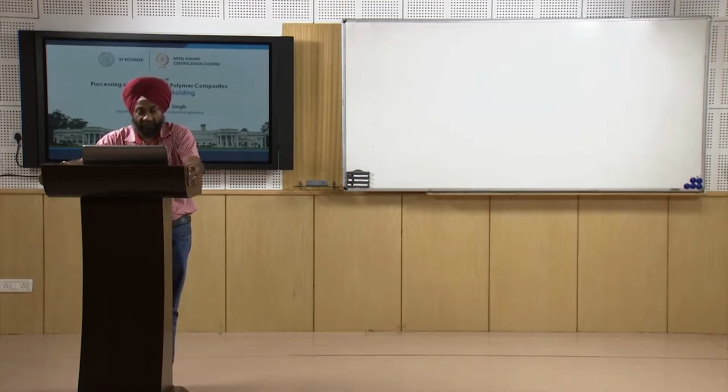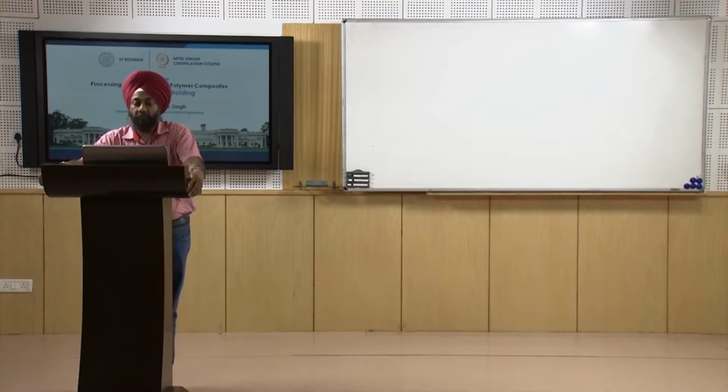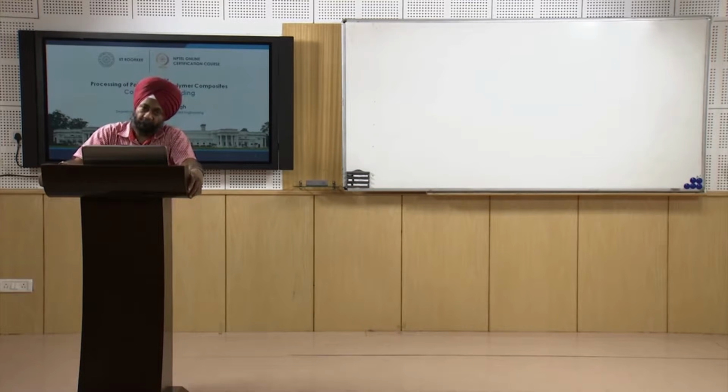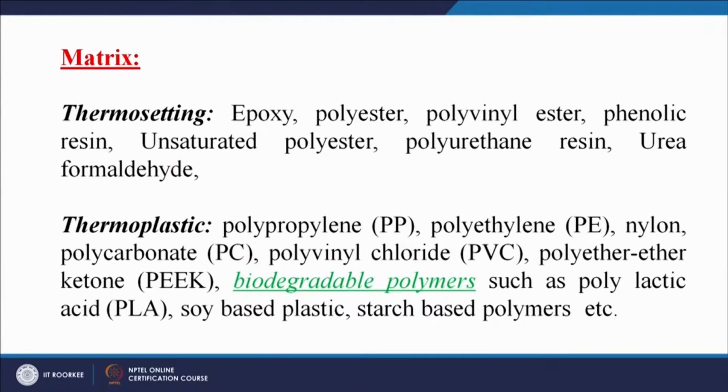We will try to understand this with the help of a diagram, but first, before going to the process, let us try to understand the constituents. The first constituent was the reinforcement, the second constituent is the matrix. Now matrix can be both thermosetting as well as thermoplastic. You know all the examples. Thermosetting can be epoxy, polyester, polyvinyl ester, similar to what we have already seen in hand layup process and spray layup process.